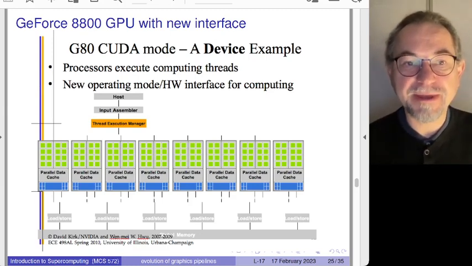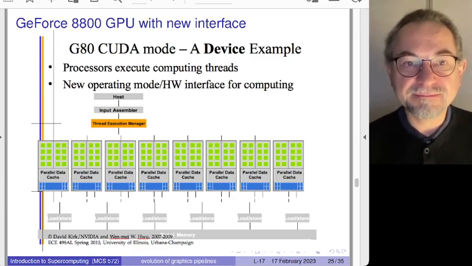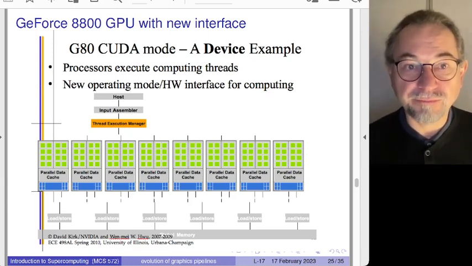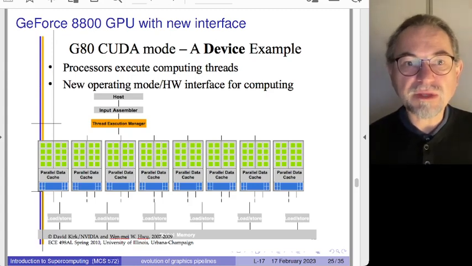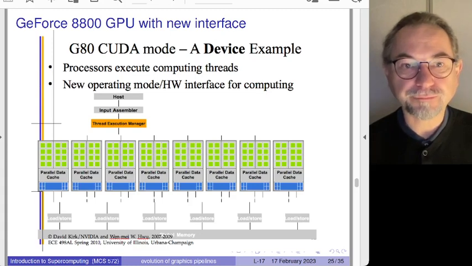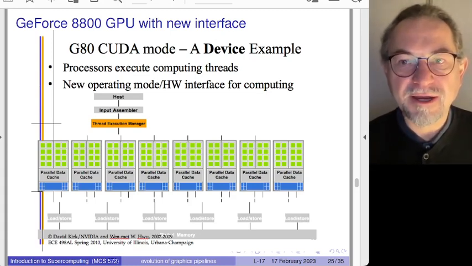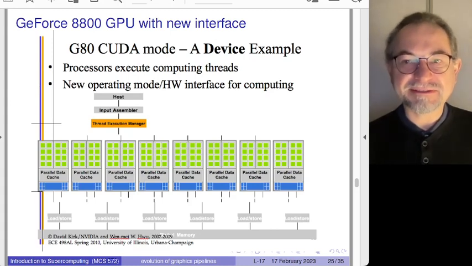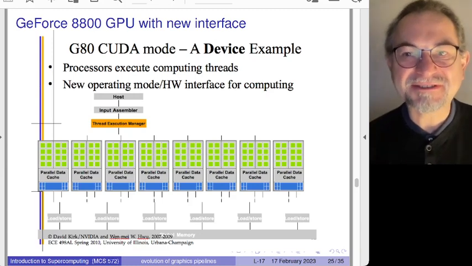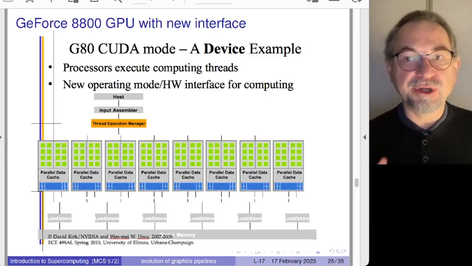So that's actually the main point here, that one has the mode in which one can run the device with CUDA. CUDA stands for Compute Unified Device Architecture. When I first mentioned this last lecture, it sounded rather ambitious, kind of unified device, but here is where the origin of that word comes.